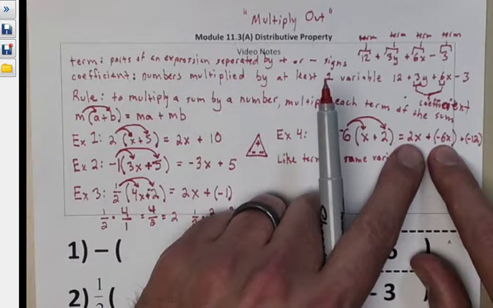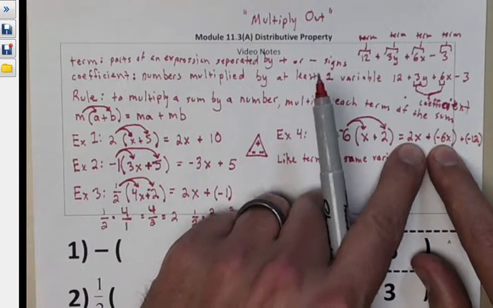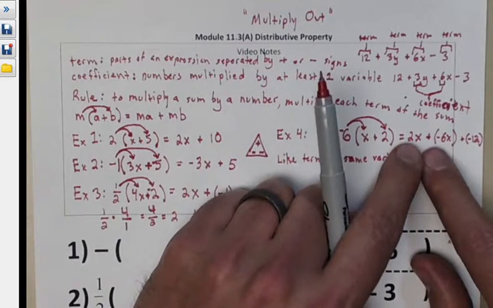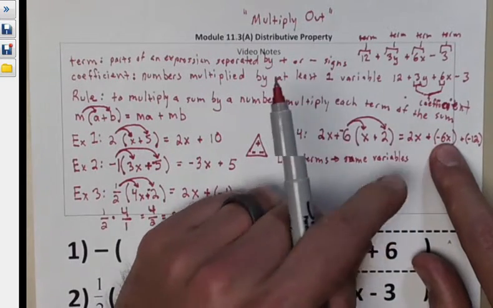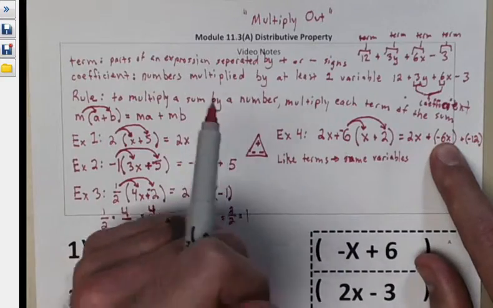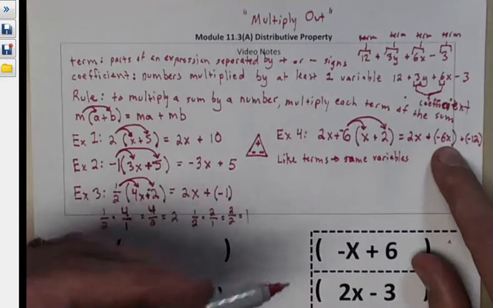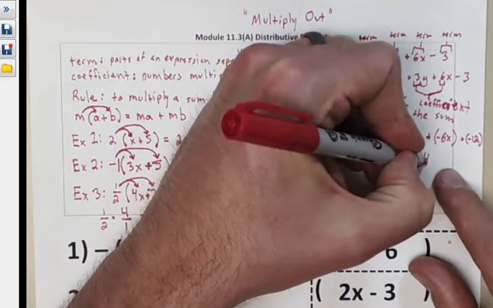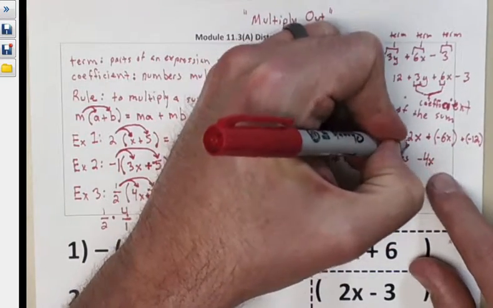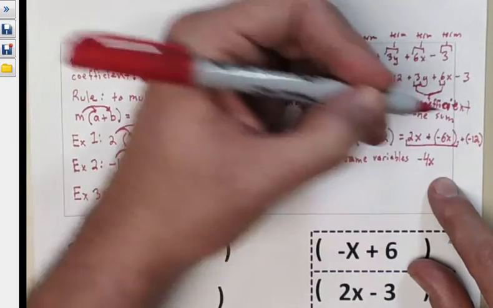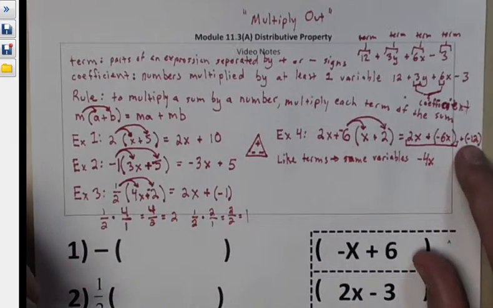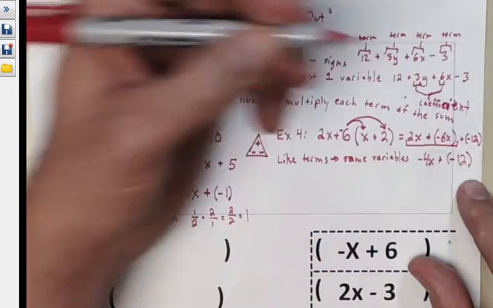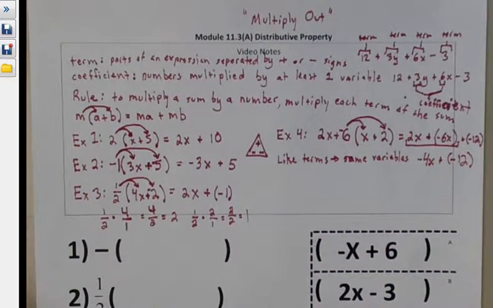Remember, when we add integers of different signs, we subtract them and we keep the sign of the larger one. So we're going to take 2 away from 6, and it's going to be a negative integer because 6 is larger than 2 and 6 is negative. So 2 minus 6 is negative 4x. So we just combined these two terms because they're like terms, and we just bring down the plus negative 12.